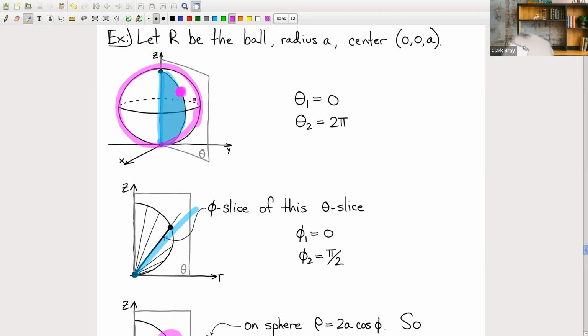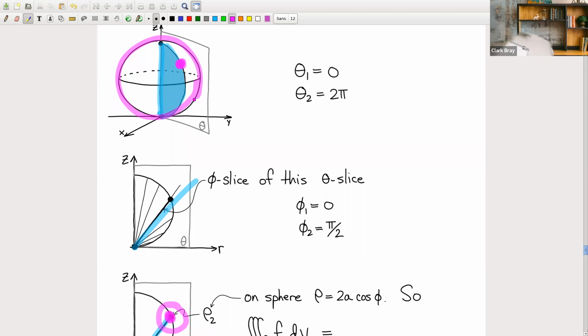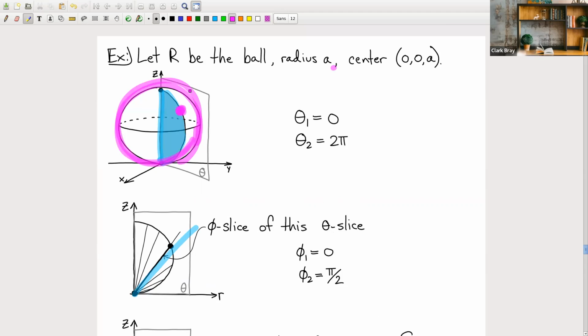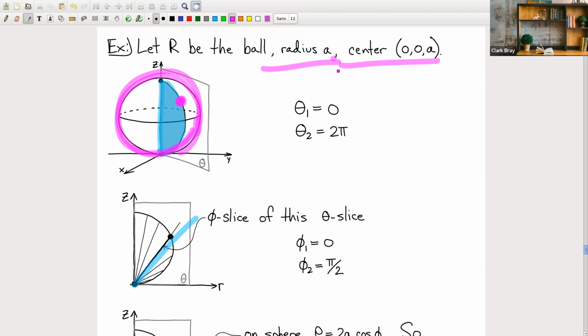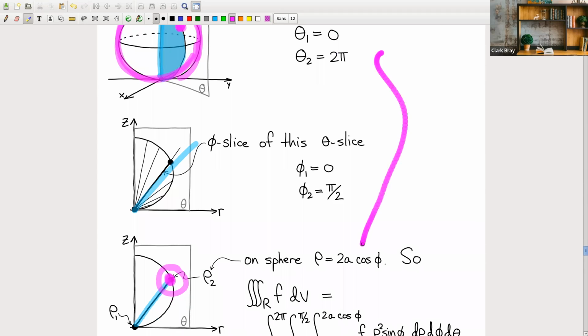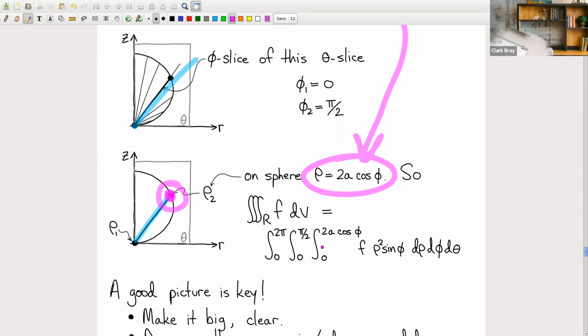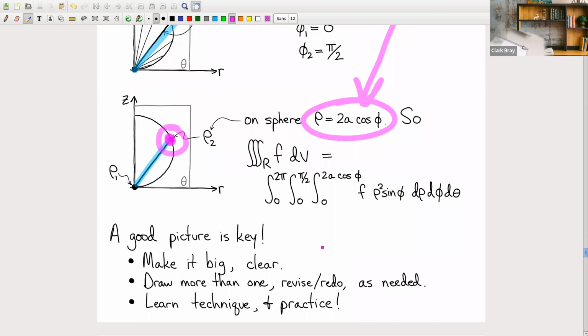So how do we write down the equation of the sphere? Well, there's some work to be done there, right? I mean, this sphere, you can write down the equation in rectangular coordinates because you know the center, you know the radius. Having written it in rectangular coordinates, you can then convert to spherical coordinates. And again, make sure that you can do that, right? Make sure that you're proficient at writing down the equation of that sphere.